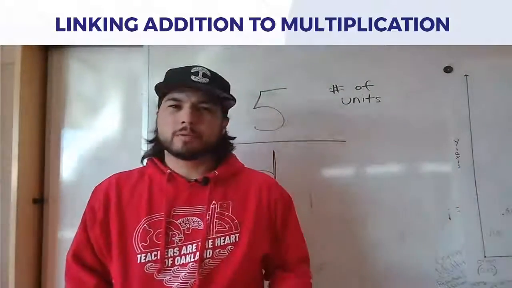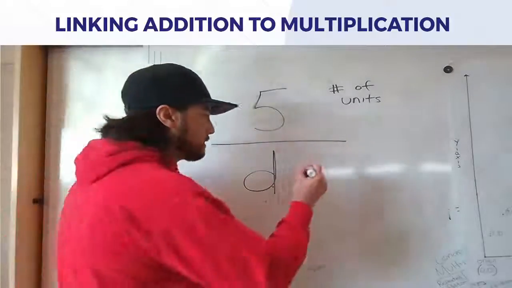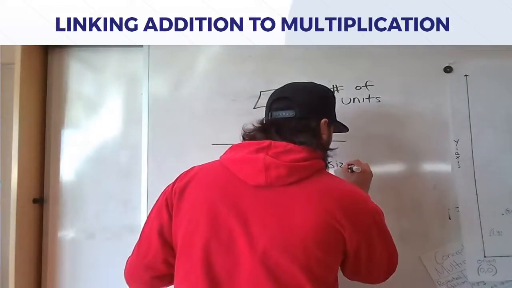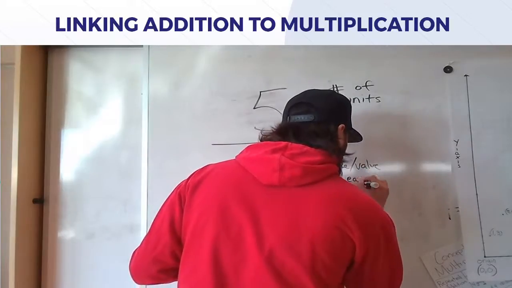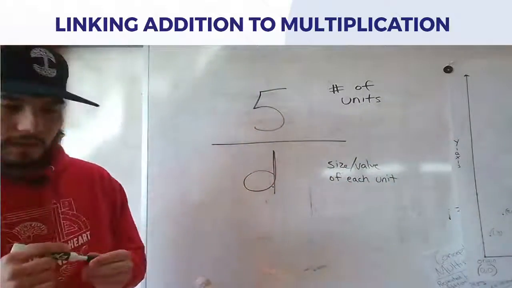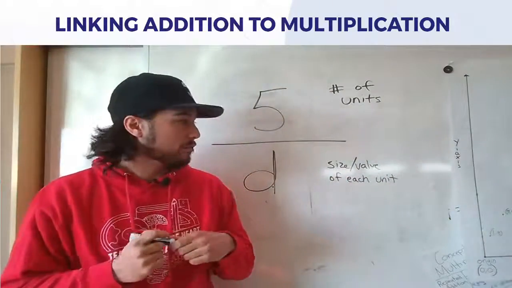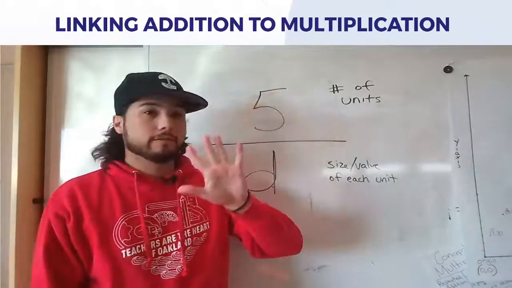With a whole number, we don't have to think about it because the denominator, or the size or value of each unit, is implied, okay? We don't have to write it, but with our 5, we have 5 fingers.